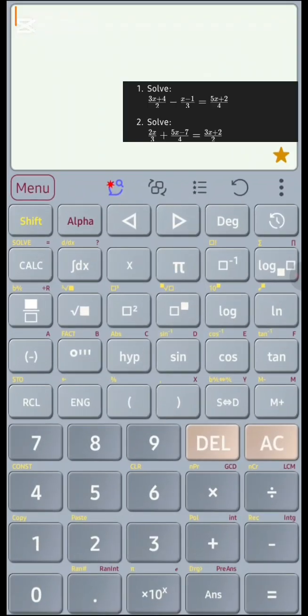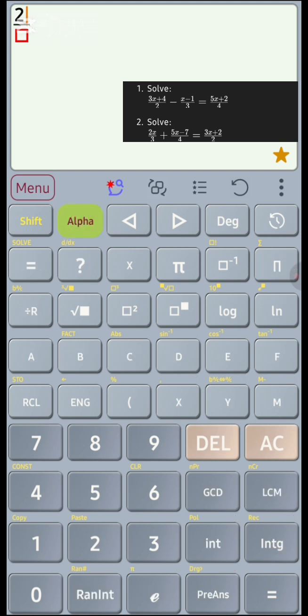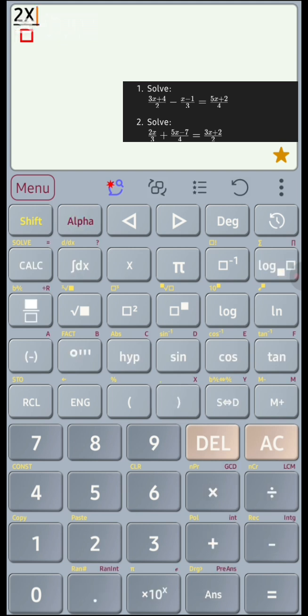So we have 2x over 3. So in order to access x, we press alpha x, right, over 3, and then we have plus, right? So another fraction, 5x minus 7.